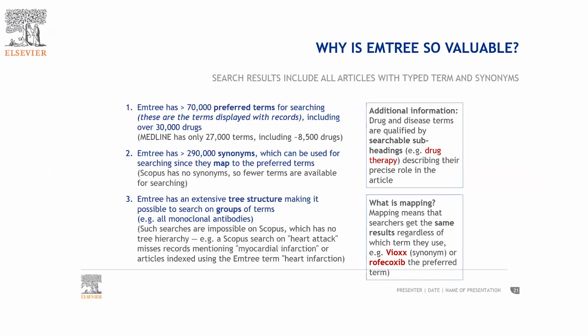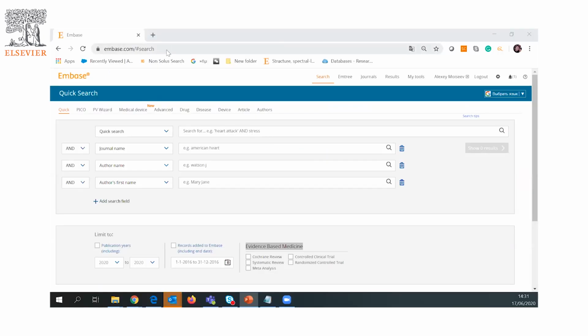Let's go from our slides to the Embase database. My colleague Khalid already showed you how to get access to Embase. When you go to the website AKB, you can get this access.